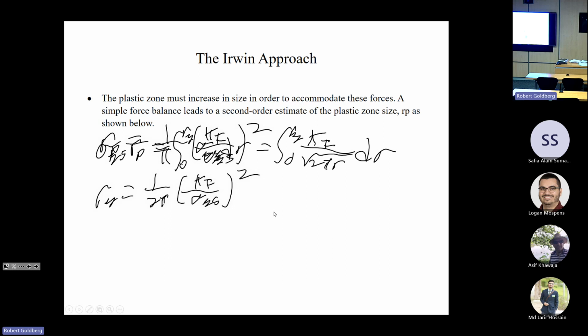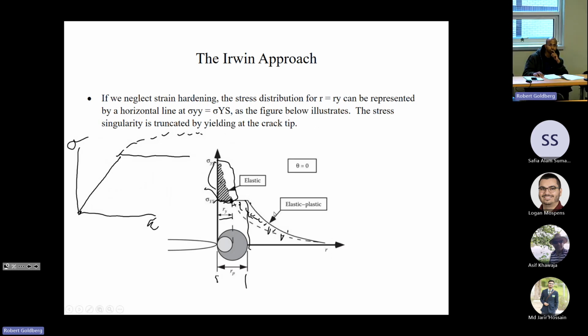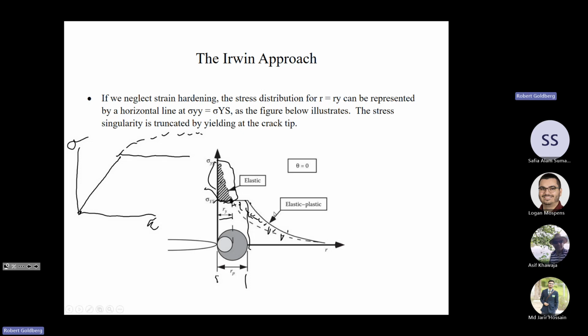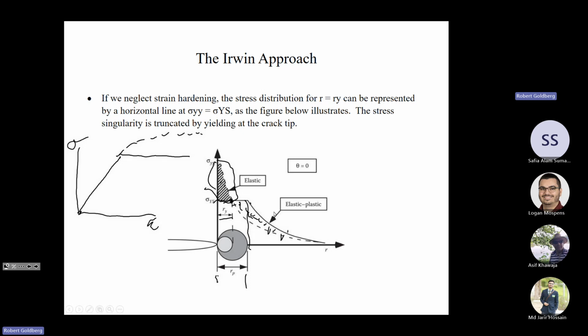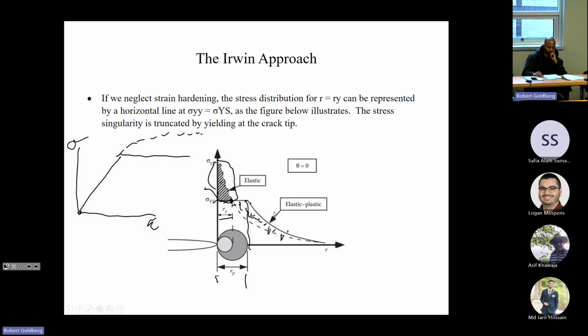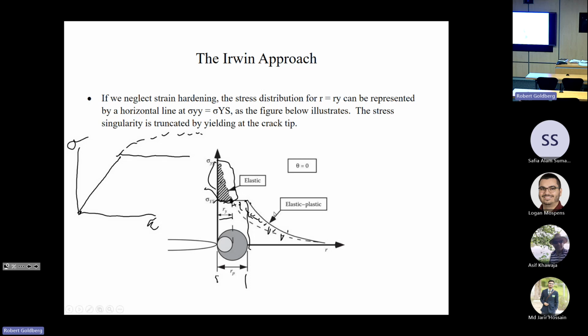Okay. So if we go back to our figure here, the other thing we can say is that the material in the plastic zone carries less stress than it would if the material remained elastic, because we truncated everything at the yield stress.